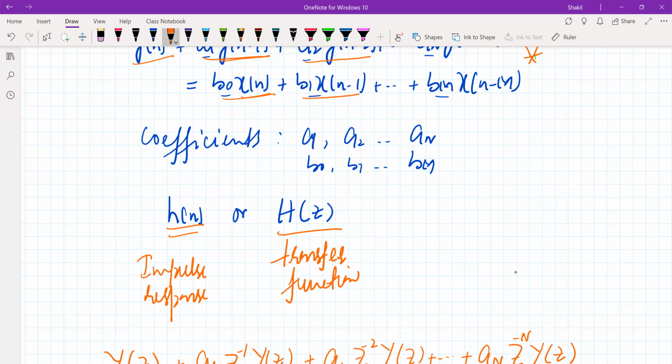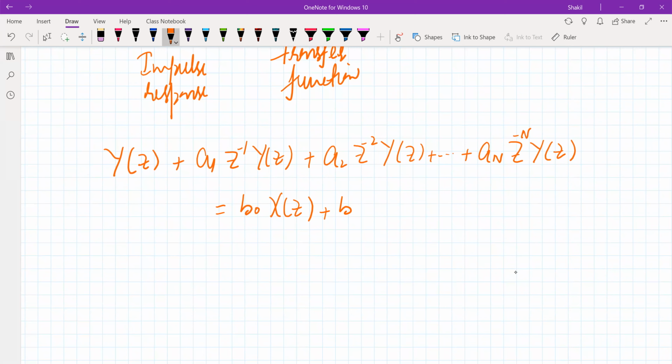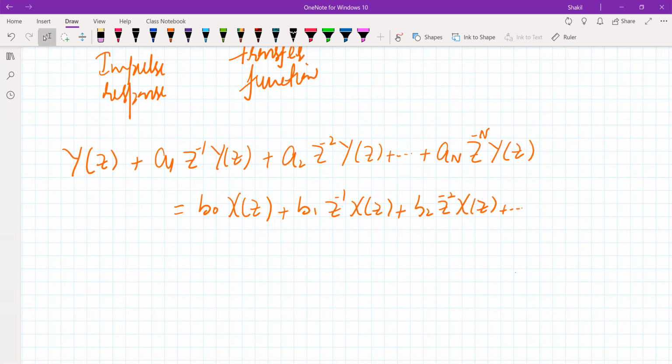Then b1, this is the shifting property. Actually, I'm following the shifting property of Z transform. Please have a look at that. X of z plus b2 z raised to minus 2 x of z plus so on, bm z raised to minus m x of z. Right?